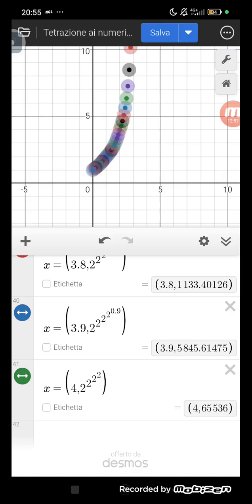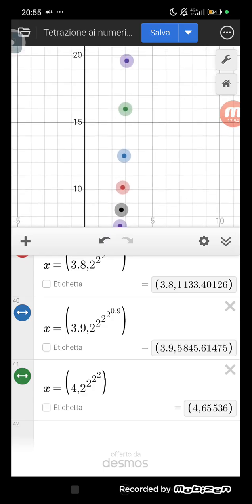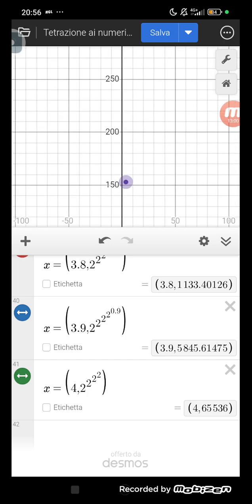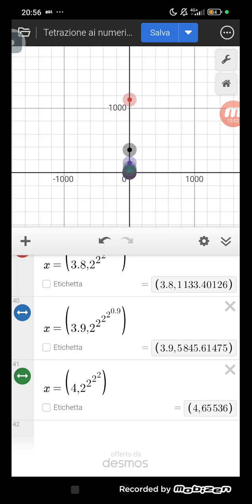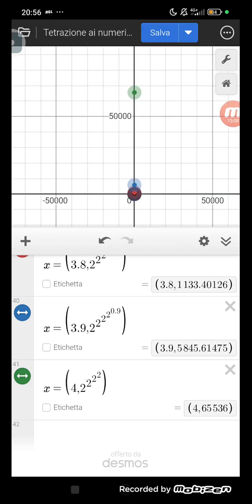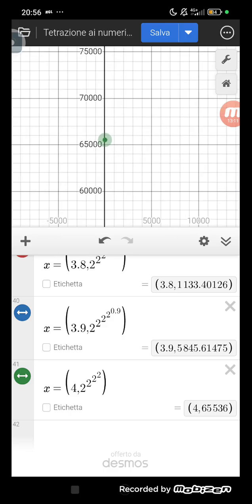Then we're gonna compare it to x squared. Then the points become more and more distant till it becomes giant. And finally, here it is. Now I stopped here because if I plug in like 4.1, I think the result is gonna be crazy, like millions after just a bit. And 2 tetrated to 5 is something very big.